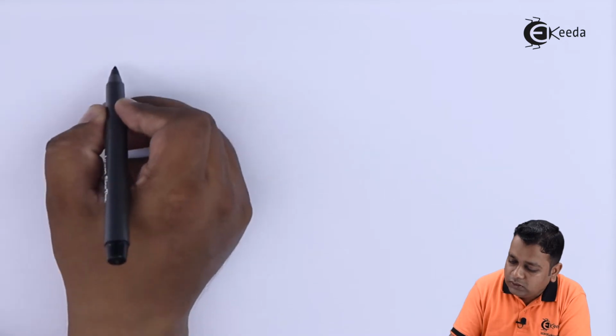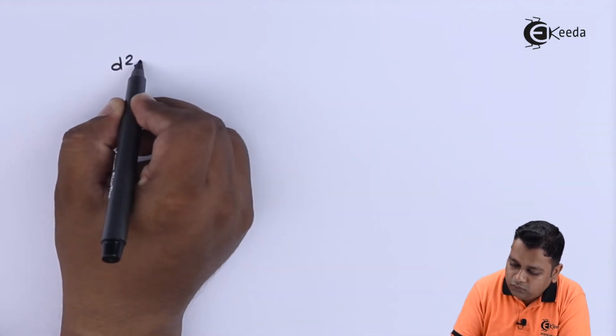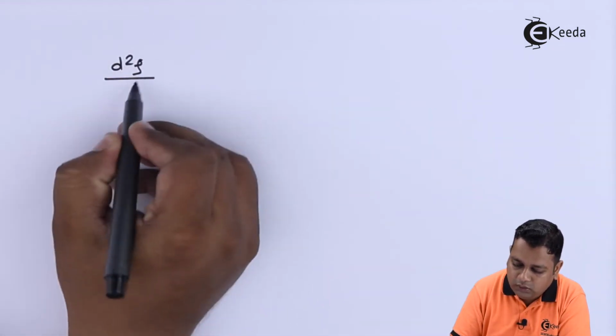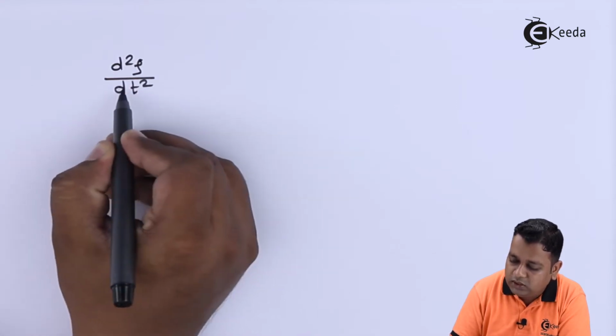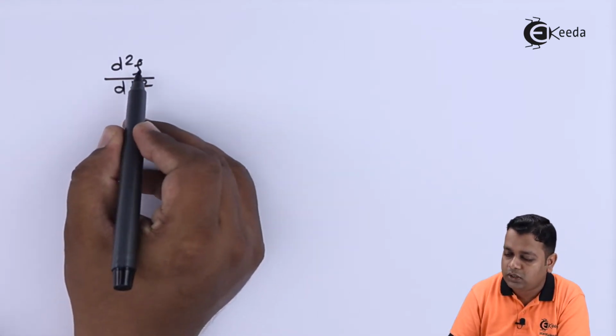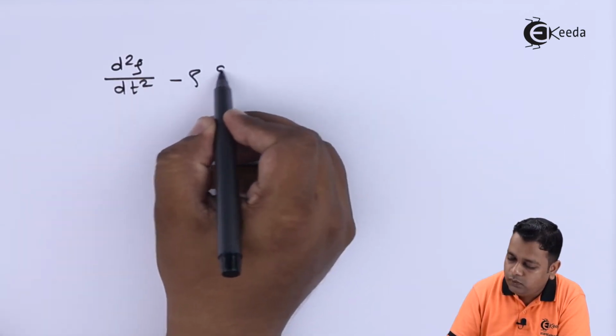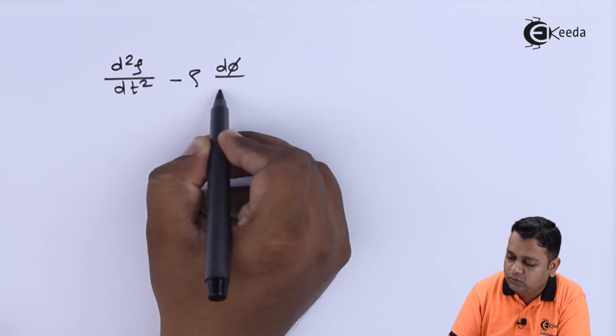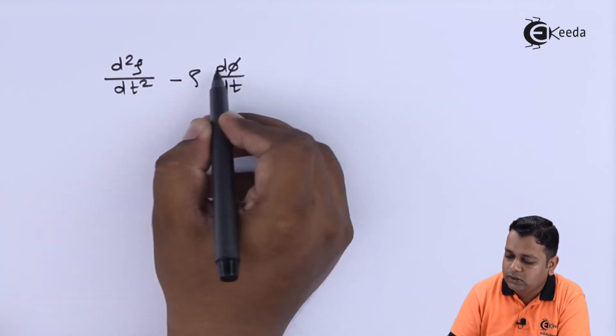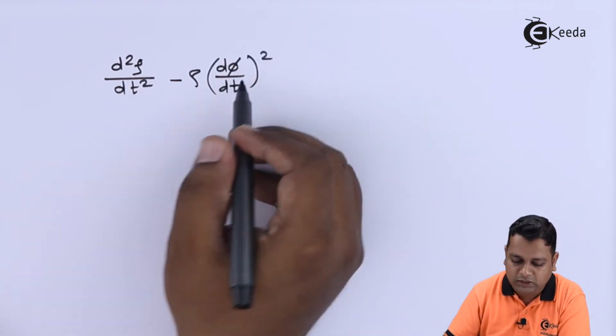We write the two equations of motion of the electron in the presence of the electromagnetic field. The first equation has d²ρ/dt², the acceleration component in the radial direction ρ, minus ρ times the square of the velocity component in the φ direction, dφ/dt.